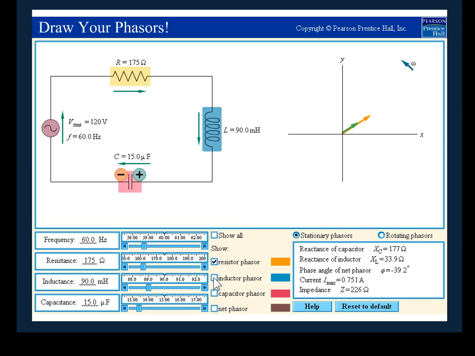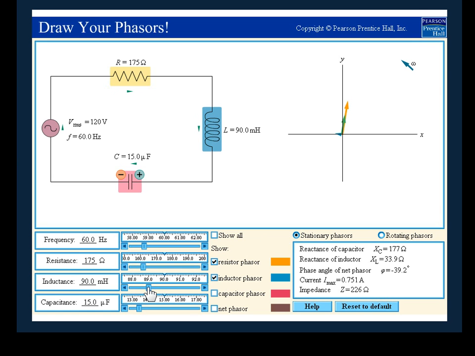Now let's turn on the other phases. So let's look at the inductor first. And you can see that the inductor, the reactance that I have chosen is very small, so that's why the arrow is real tiny here. So let's stop it and go ahead and use a larger inductor.